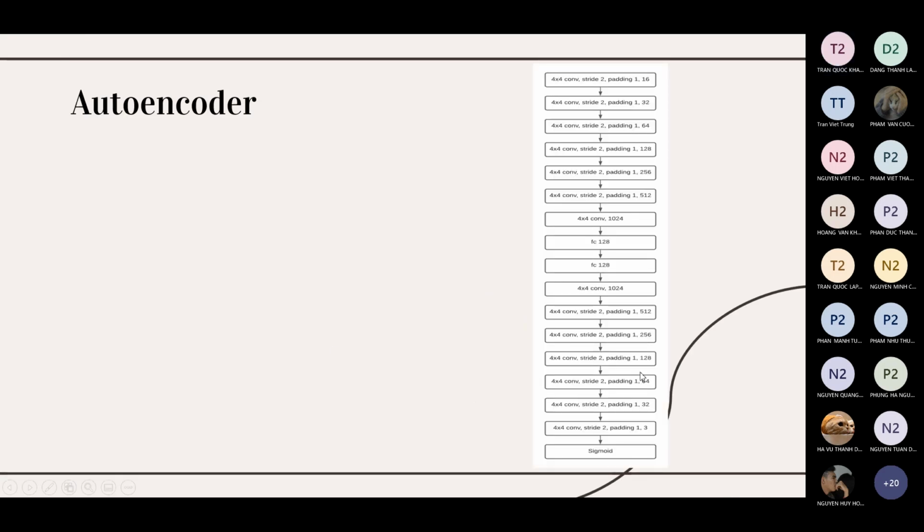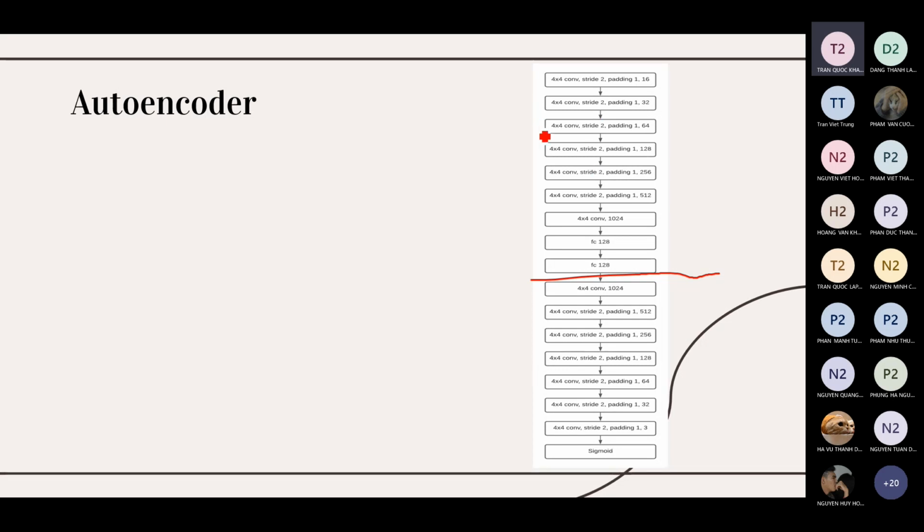You can see in the picture here our autoencoder architecture. The upper part here is the encoder, which takes the input image and compresses it to a latent space, and the lower part is the decoder, which takes the latent vector and reconstructs the image.